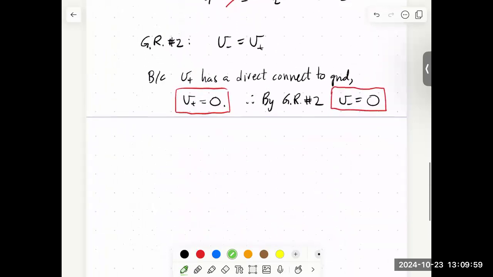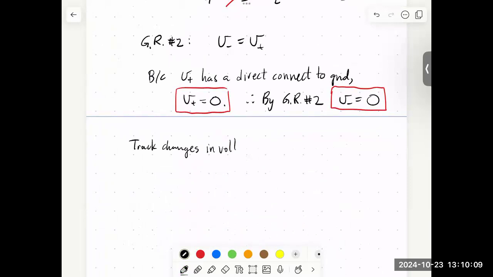So we can say, let's track the changes in voltage from our input, say V in, to our inverting input V minus. So we start at the input where we have V in.